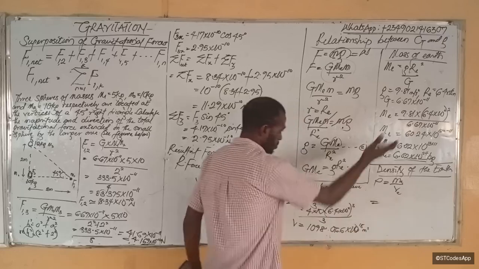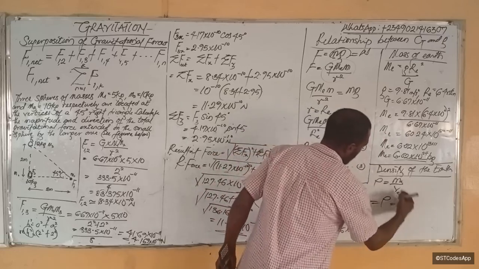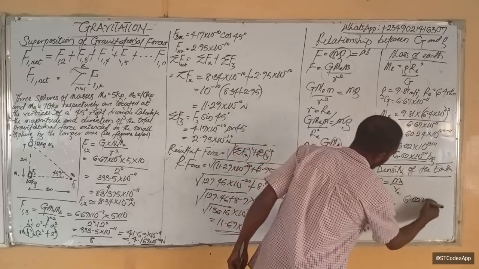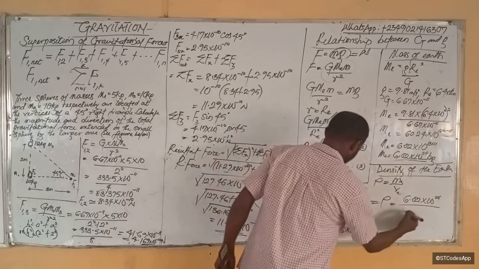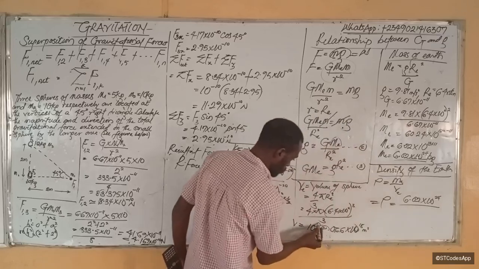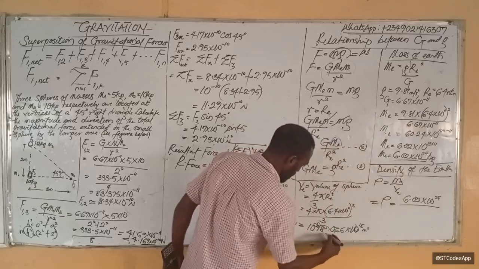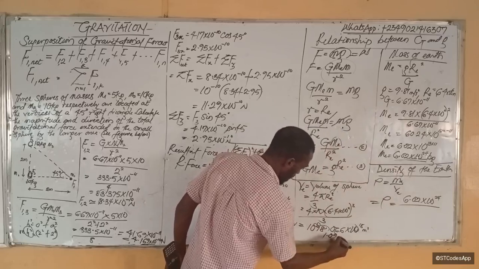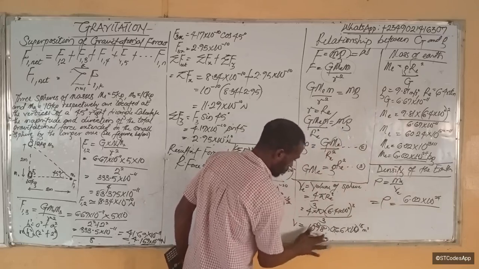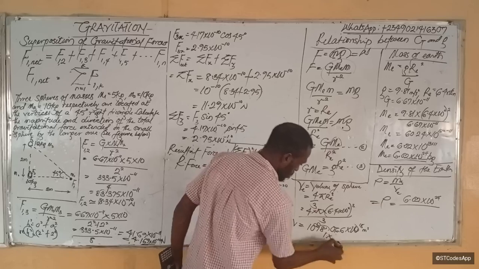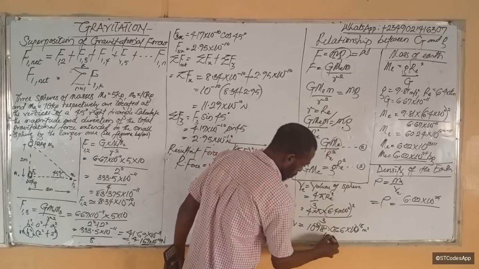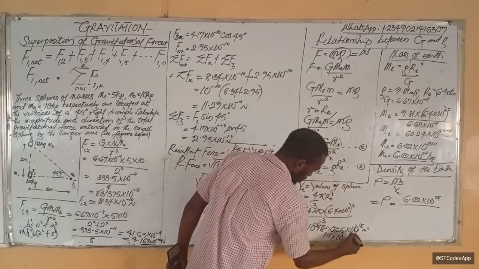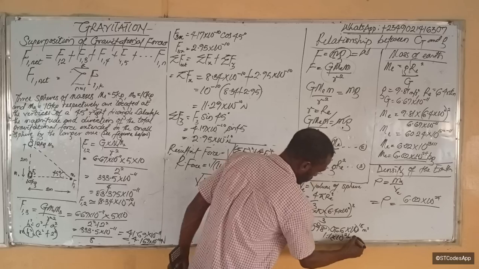So by the time we use this to divide, the density of the Earth will be what? 6.02 times 10 to the power 24 divided by, let's convert this one. It becomes 1, 2, 3. That will become 21 here. That will be 1.09, so let's just leave it at 1.1 times 10 to the power 21 meters cubed.